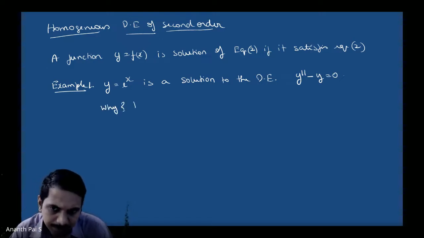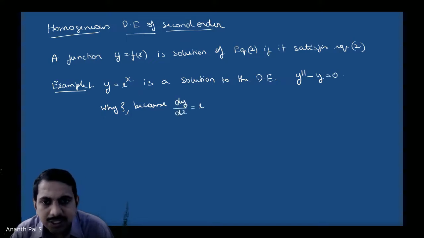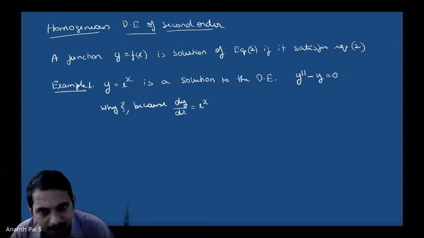Because dy by dx is equal to e power x and d square y by dx square is also e power x.